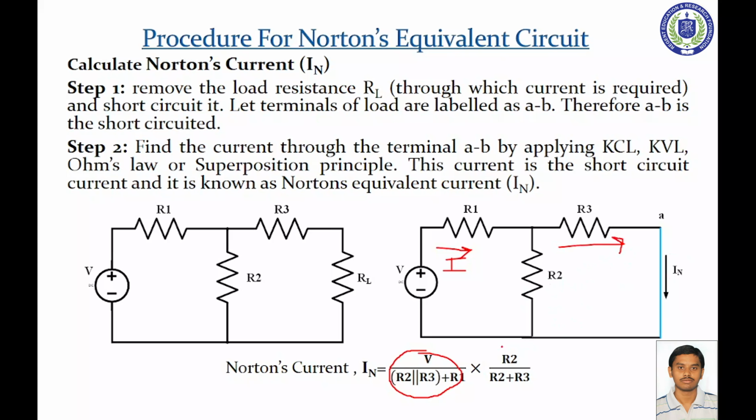IN equals I into R2 by R2 plus R3, because R2 and R3 are in parallel.